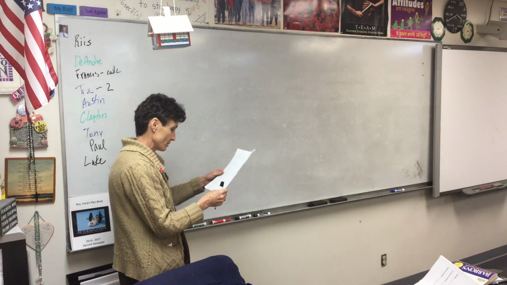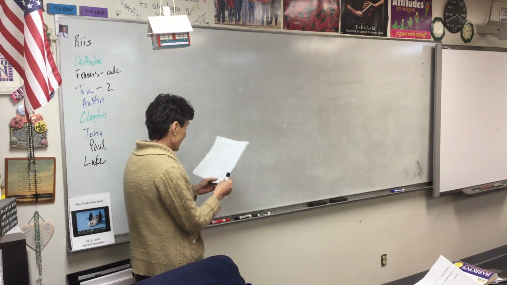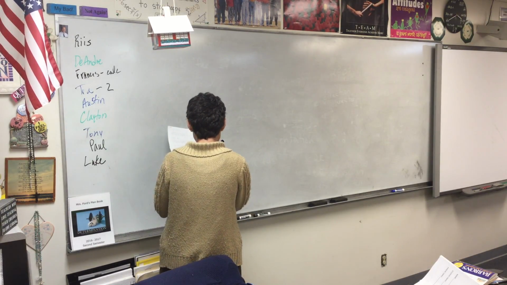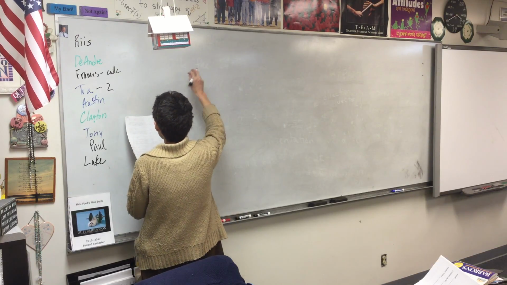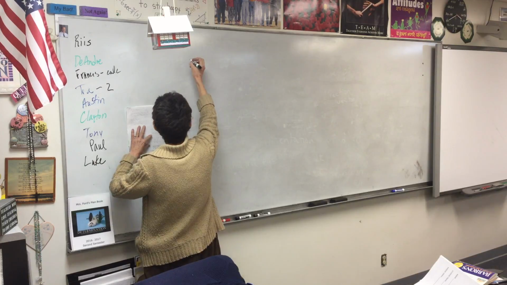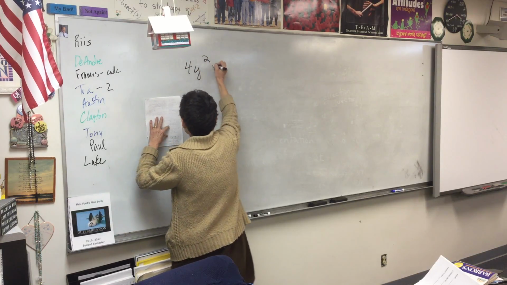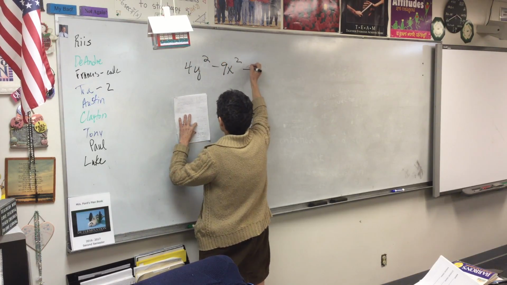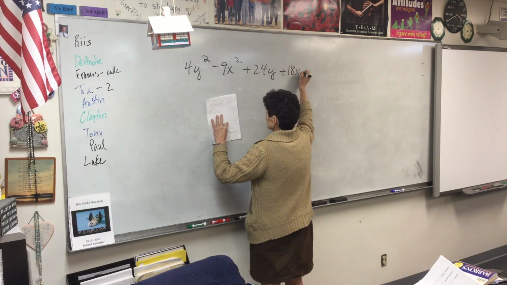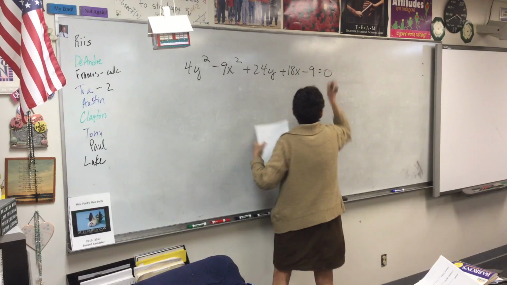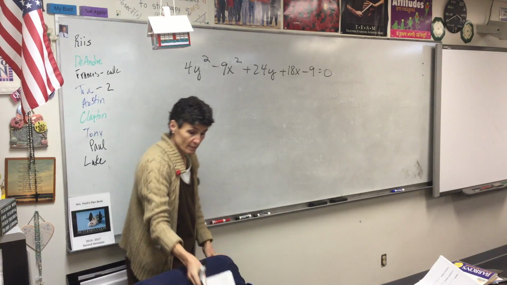It won't hurt us certainly to do a review problem, and I apologize if this is one we've already done, because I haven't kept track of which ones I've done or not. So let's do this one.